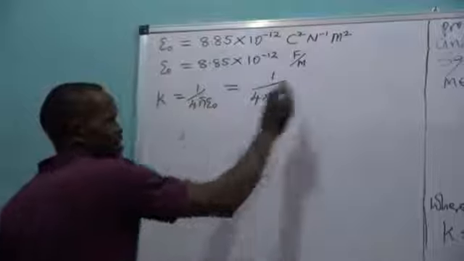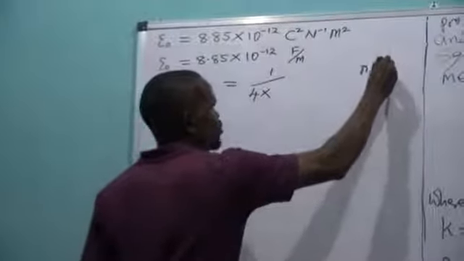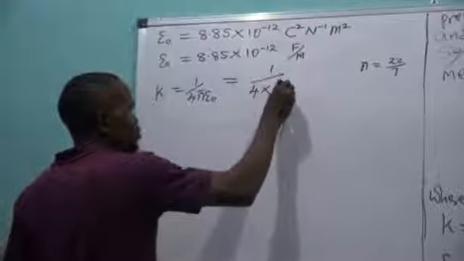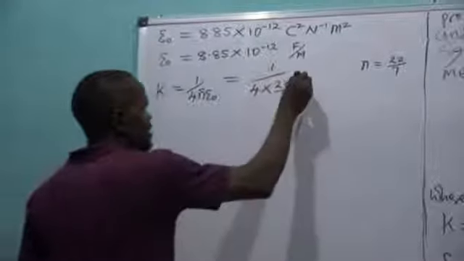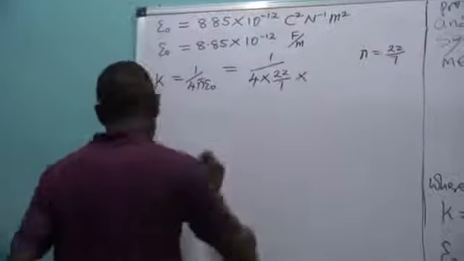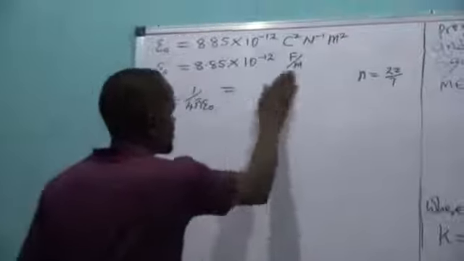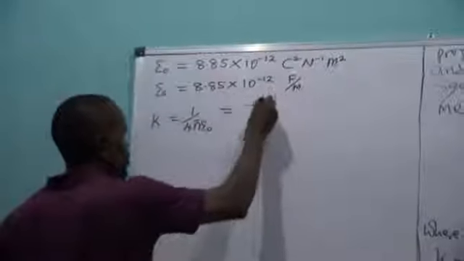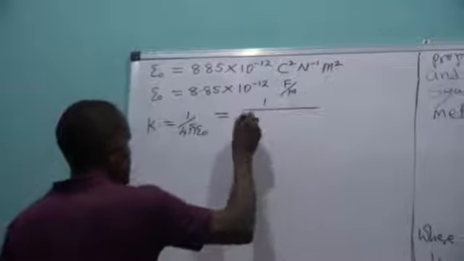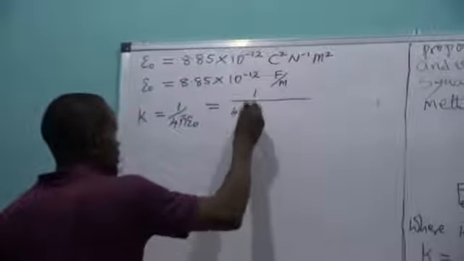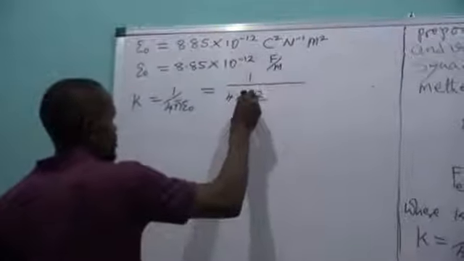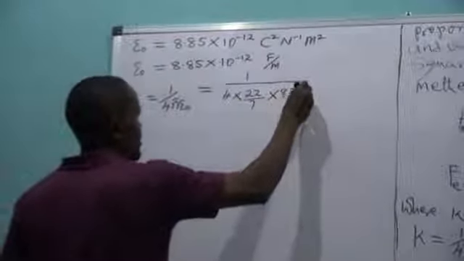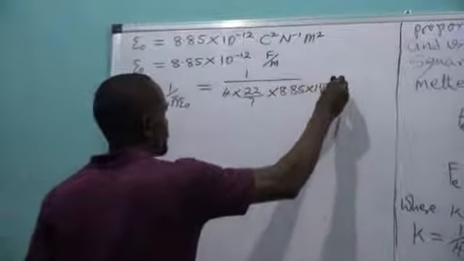Pi is a constant which is 22 over 7. I'm going to have 1 all over 4 times 22 over 7 times 8.85 times 10 raised to the power minus 12.